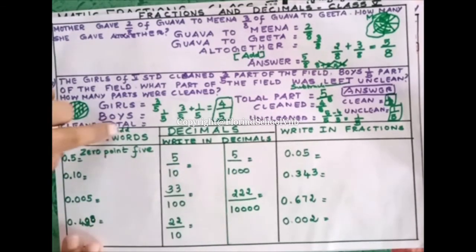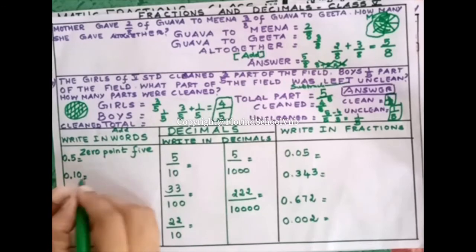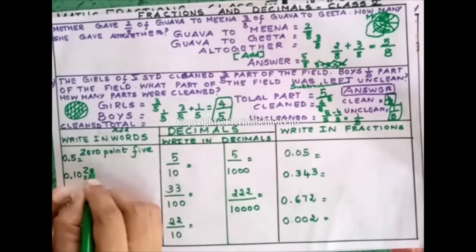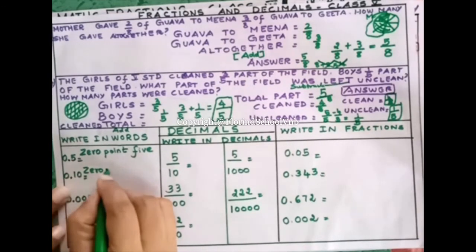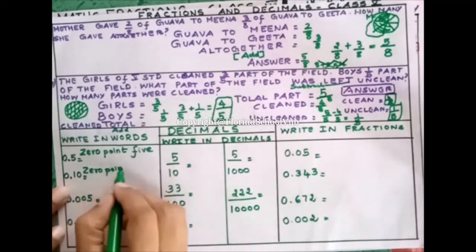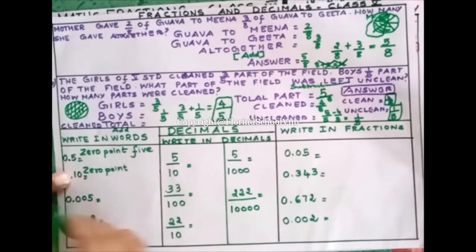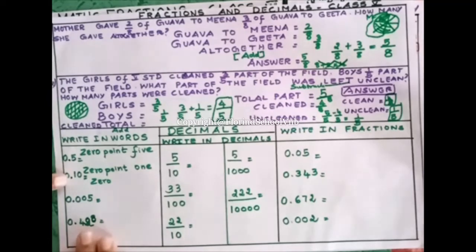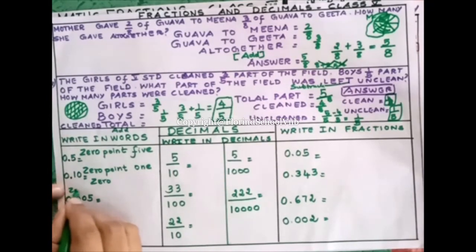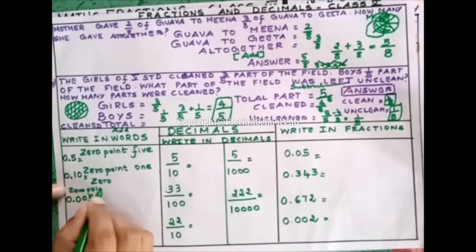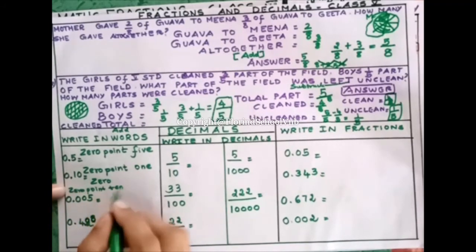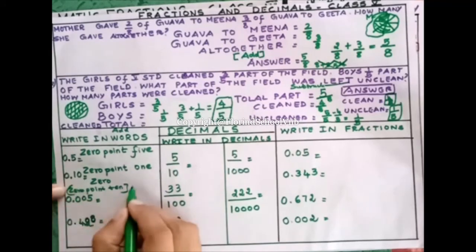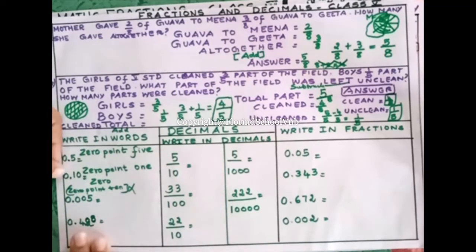Okay, 0.5. Now, this decimal 0 point. What is the next number? 1. What is the next number? 0. Okay. 0.10 should not be written. It is wrong. Okay.